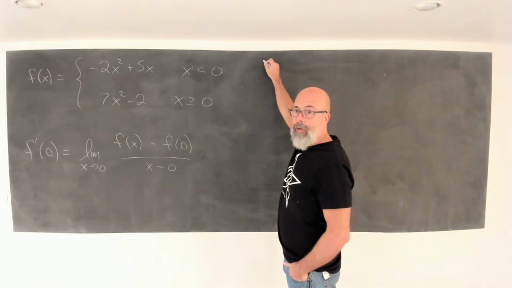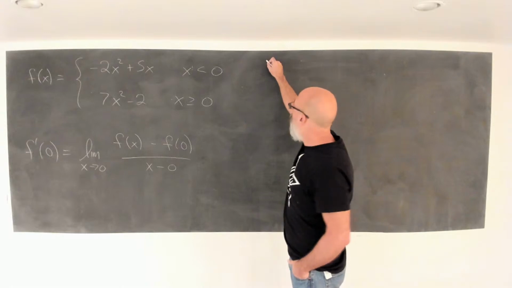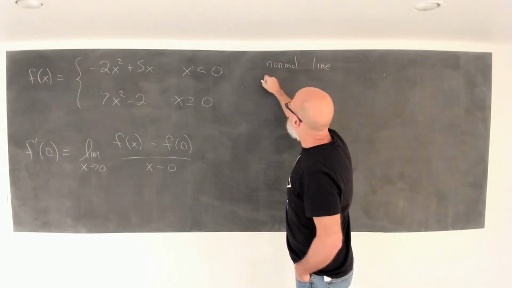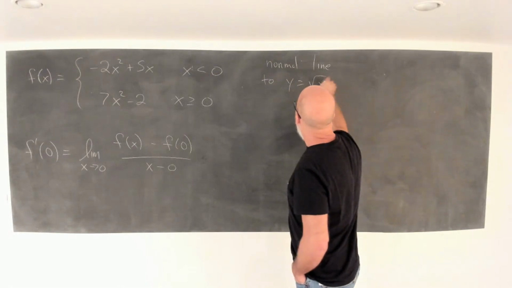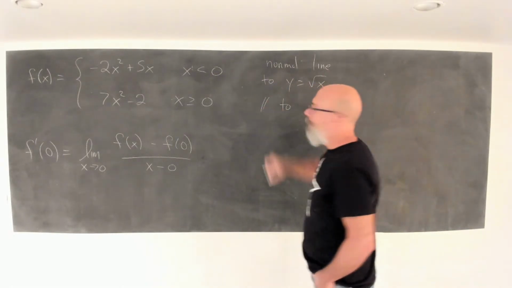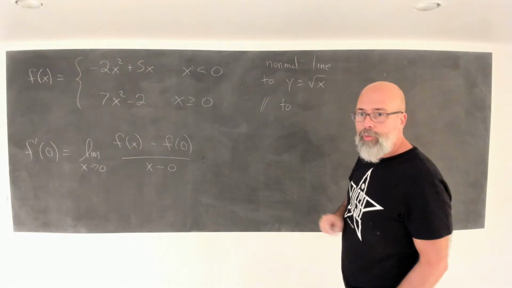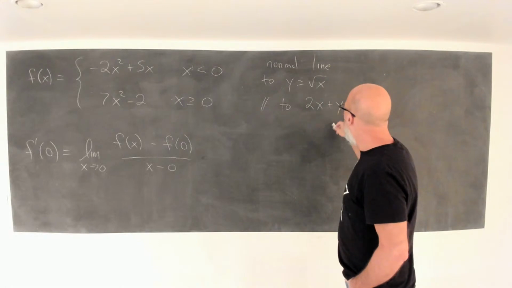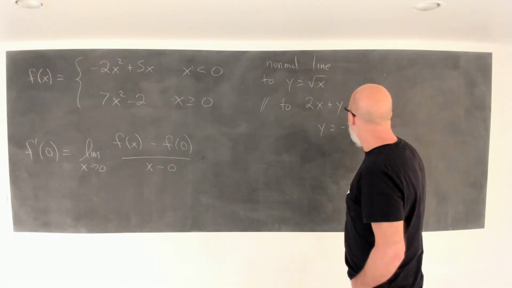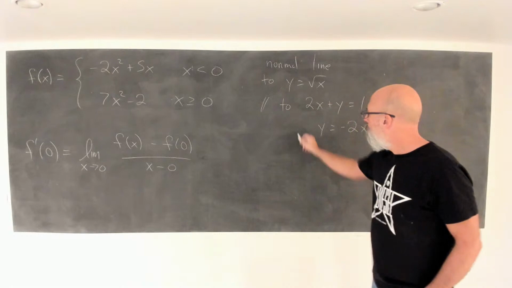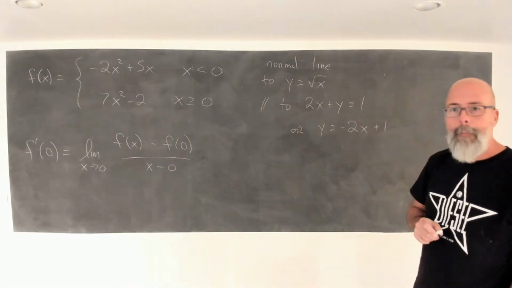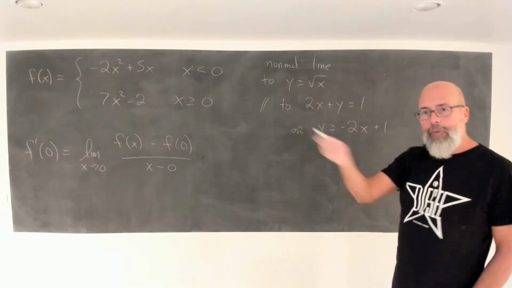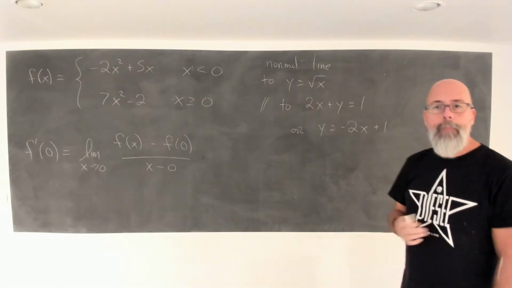So Melanie is asking, find an equation of the normal line to the square root of x that is parallel to 2x plus y is equal to 1, or y is minus 2x plus 1. But to answer Jake's question before we tackle this, you're just working backwards.